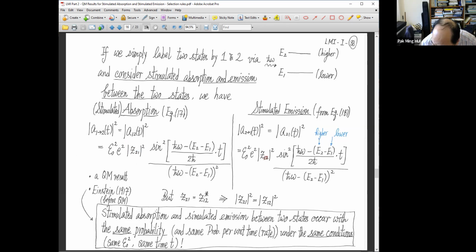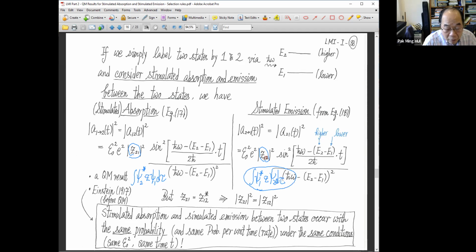So this one is psi 2 star Z psi 1 d over all volume. Now this one is psi 1 star Z psi 2 d over volume.